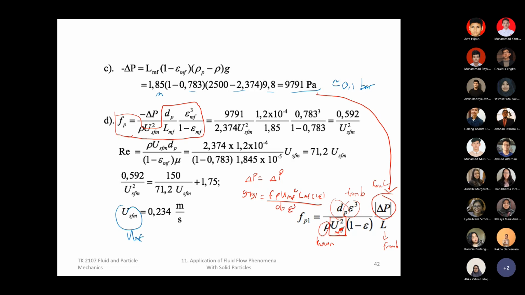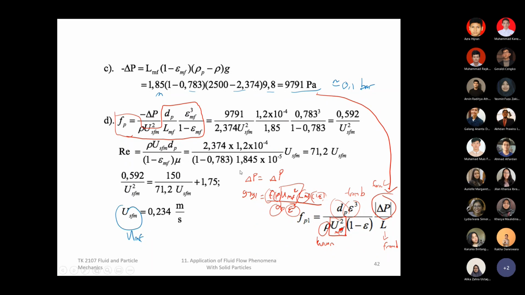Everything is already provided. That's known, that's known, that's known, except for two parts. So you want to calculate the UMF, but you don't know the F. The F itself has not been known.